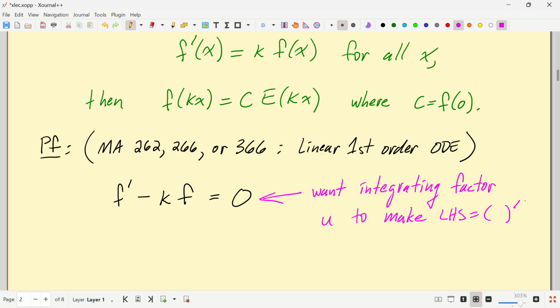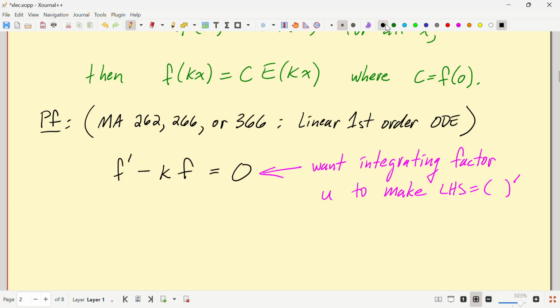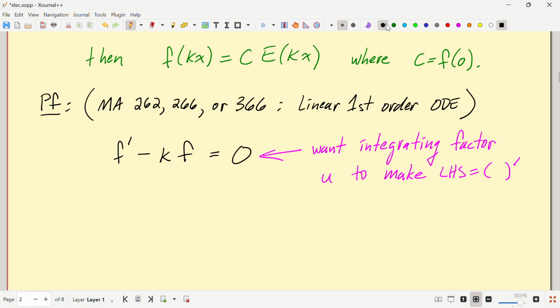Okay. And maybe when I teach math 266 or 366, I'd multiply that out and realize what I need to make that. Why don't I do it? What the heck? Let's see. Remember what you get when you do that.